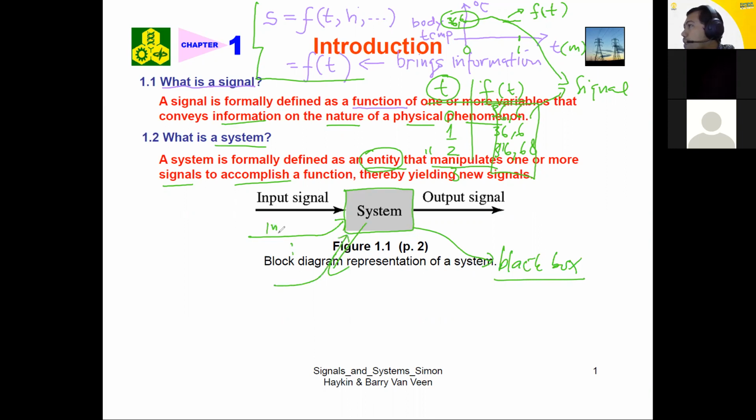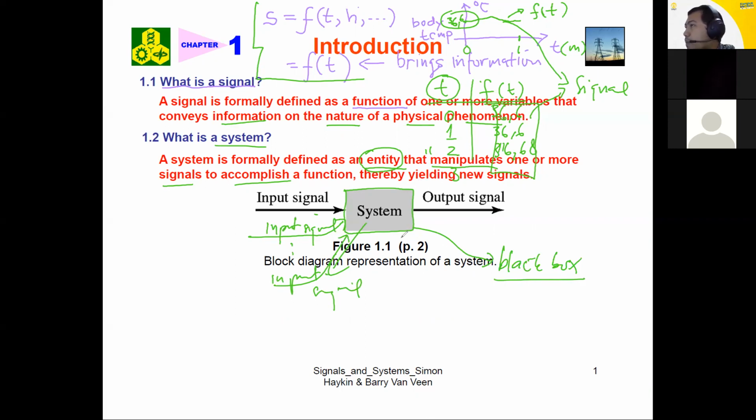This is the input signal. Okay, to accomplish a function, yielding a new signal.